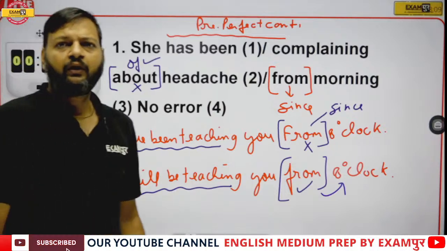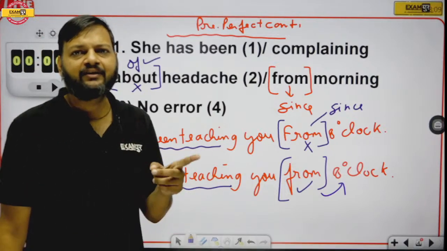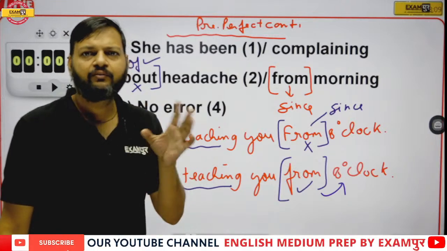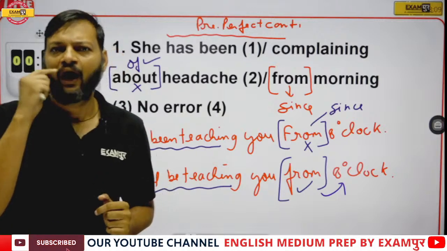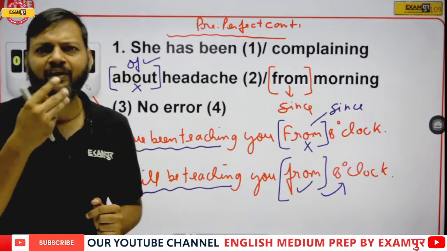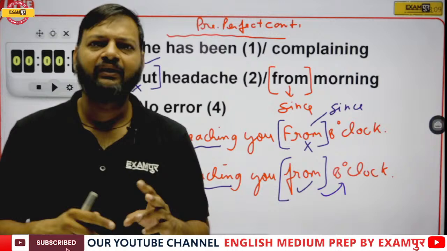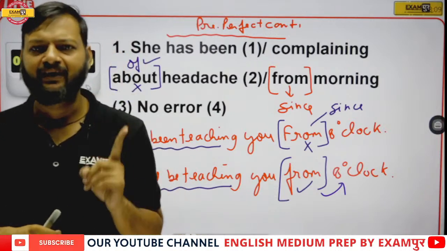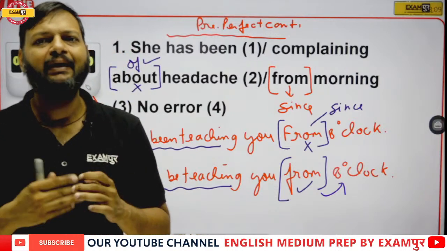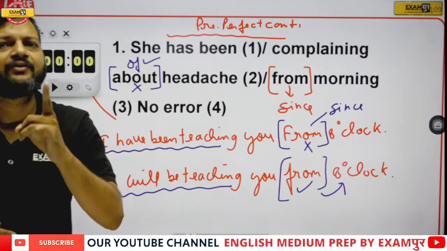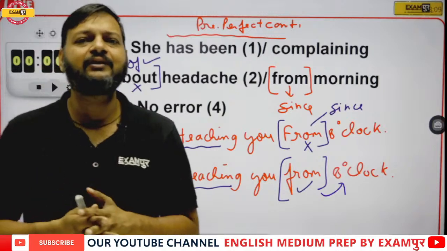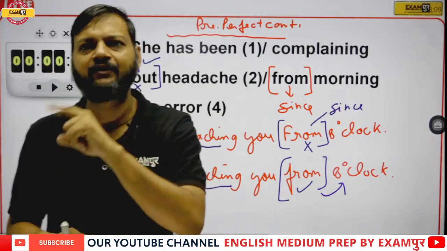Although two errors in a sentence cannot be asked in examination because this is not SSC pattern. However, in banking exams and in FCI, they do ask multiple errors in one sentence, but in SSC, they ask just one error in one sentence.